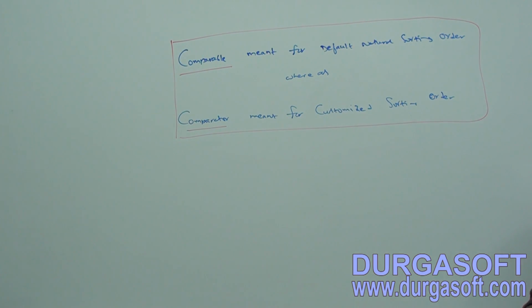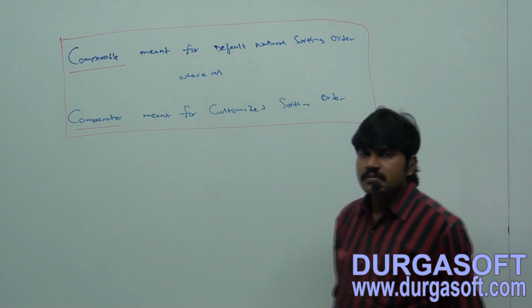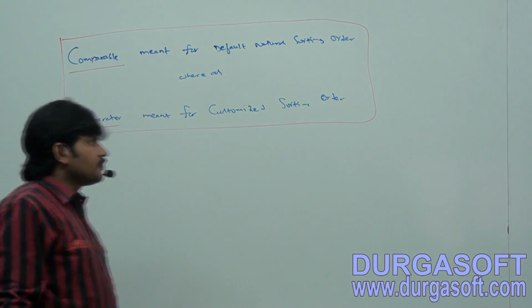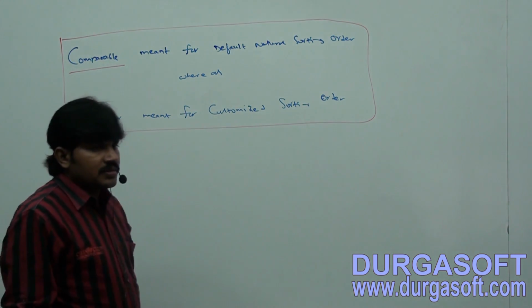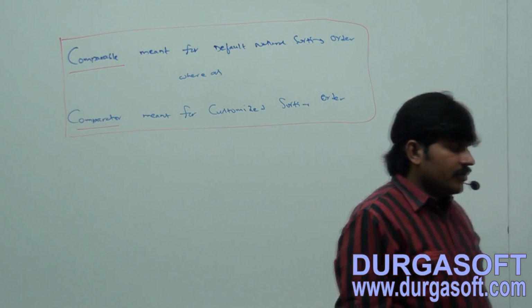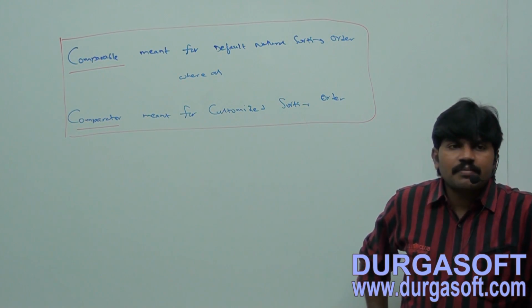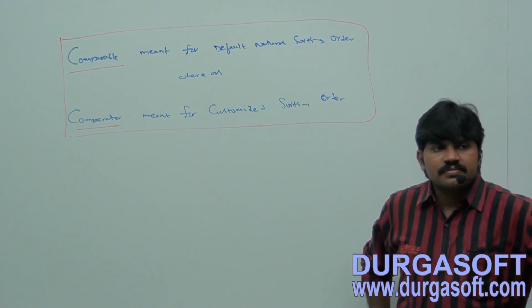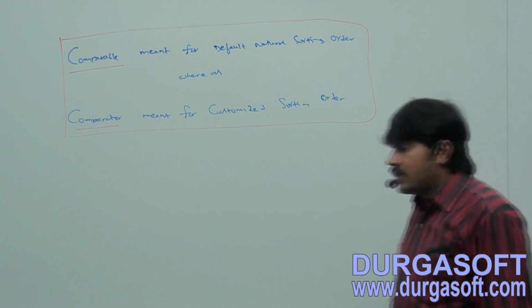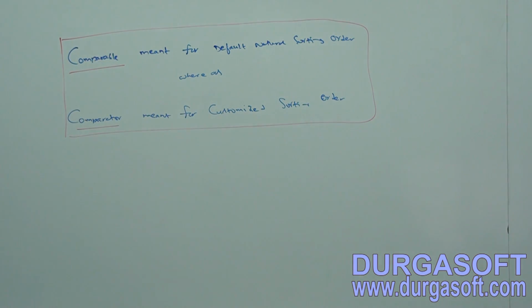Comparable is meant for default natural sorting order, whereas Comparator is meant for customized sorting order.